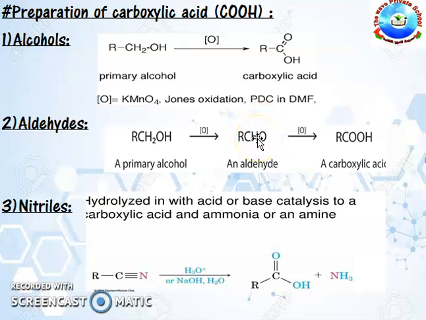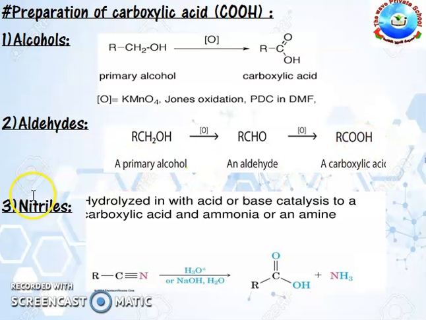So when they treat it with more oxygen, there is formation of carboxylic acid, RCOOH. Got it? How is it prepared with the help of aldehyde? First, primary alcohol is treated with oxygen, then it gives aldehyde, and when the aldehyde is treated with oxygen, it gives carboxylic acid. Got it?